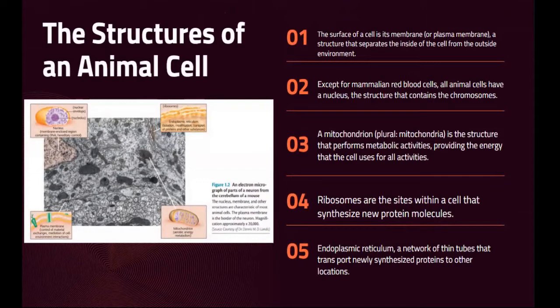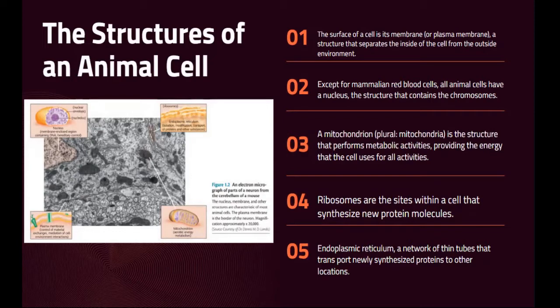Most chemicals cannot cross the membrane, but it permits a controlled flow of water, oxygen, sodium, potassium, calcium, chloride, and other important chemicals. Except for mammalian red blood cells, all animal cells have a nucleus, the structure that contains the chromosomes.